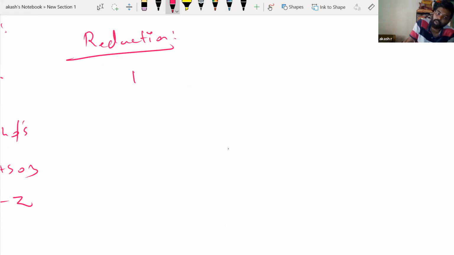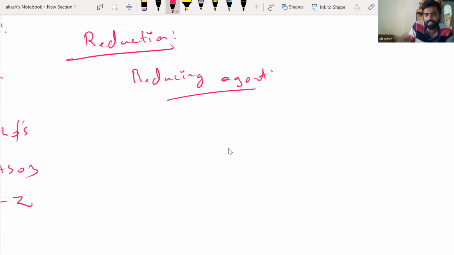We have to understand what the different reducing agents are first. Only 3 or 4 things, if you remember, that is more than enough. I can have strong reducing agents and weak reducing agents, but in this case that doesn't matter.